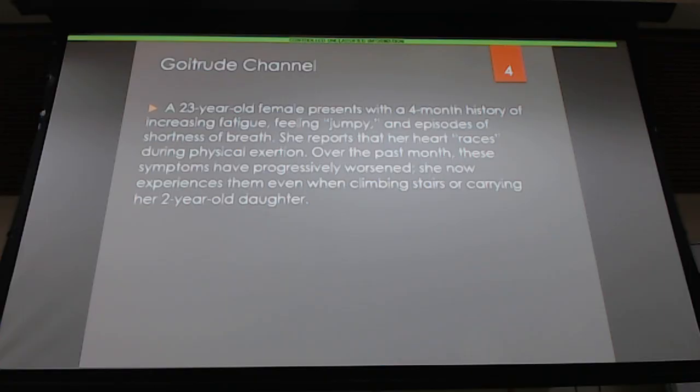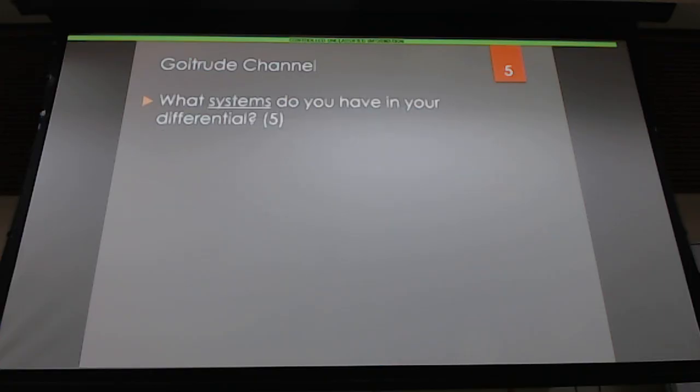All right, so what systems, I don't know who wants to go first, what symptoms, so think review of systems, right? What systems do you have in your differential? Thyroid. But bigger than that, what does thyroid fall into?